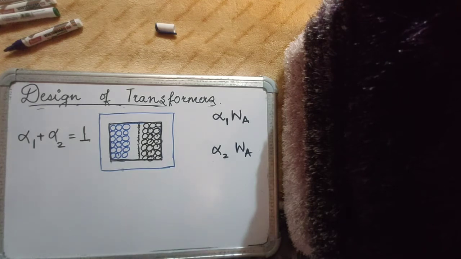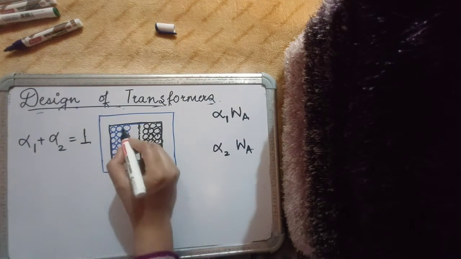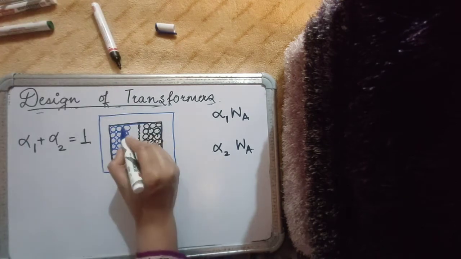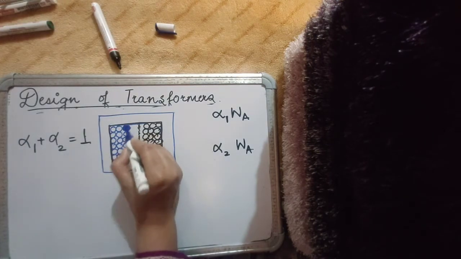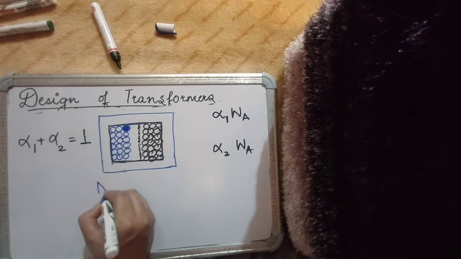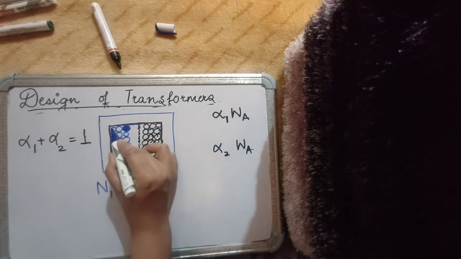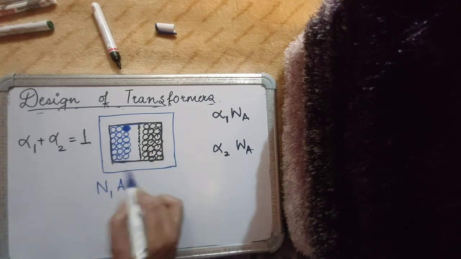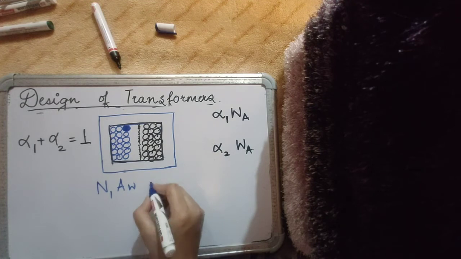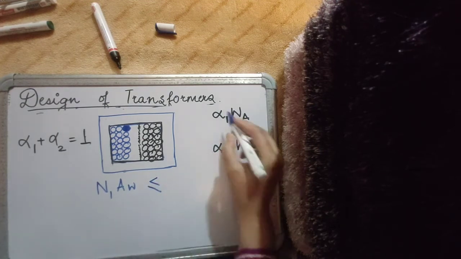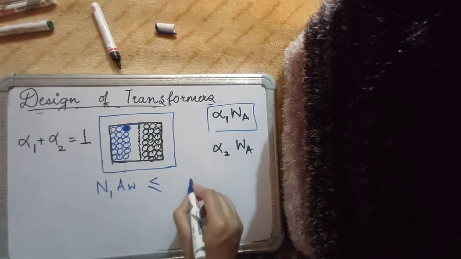Now suppose this is the area of cross section of my winding 1, and it has N1 number of turns. Then N1 times this area will be the electrical area occupied by the conductor. It should be less than or equal to the allocated area.